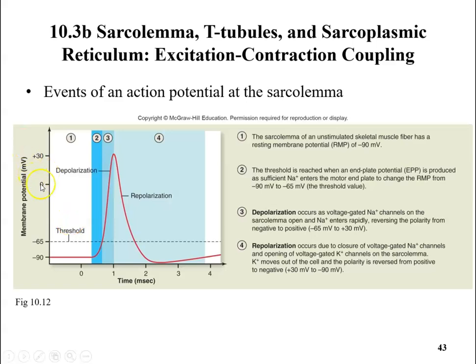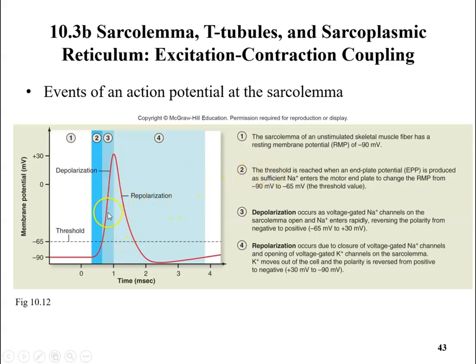All right, so this graph is showing us the membrane potential over time. And here are some important numbers. There's negative 90 millivolts, right? So this is going to be the resting membrane potential. So here's the muscle cell at rest. But then step 2 happens.